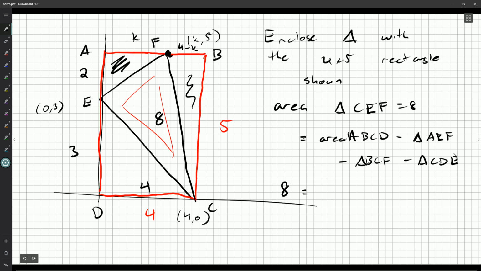But this gives me 8 is equal to 4 times 5, the dimensions of the rectangle, minus 1/2 base times height, 2 and the K, minus 1/2 base times height for the 4 minus K, 5. Nice little right angles here. Minus 1/2 times 3 times 4.